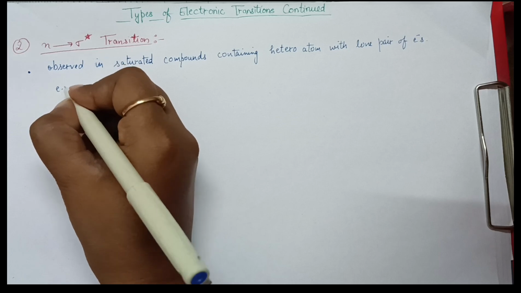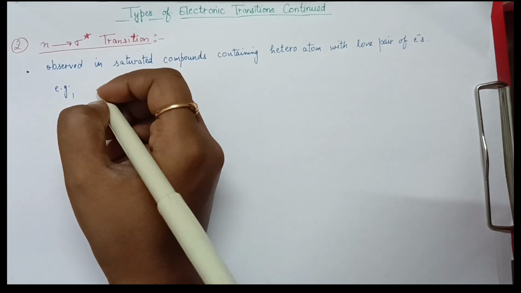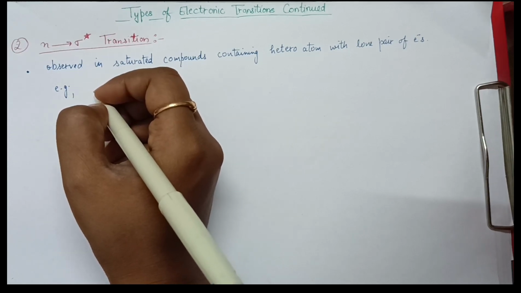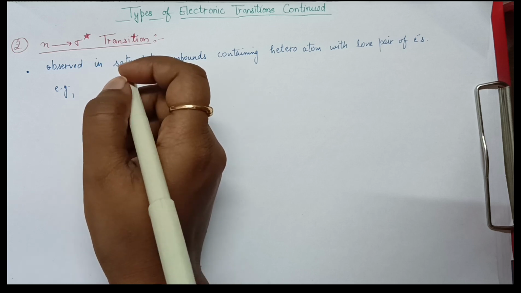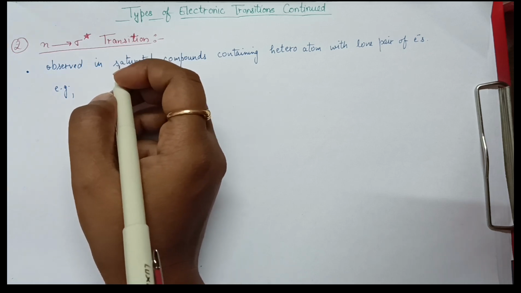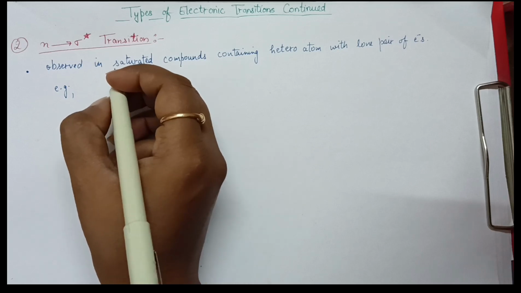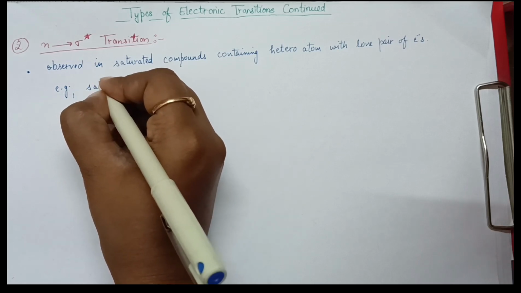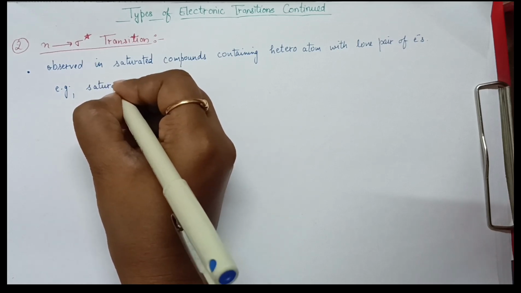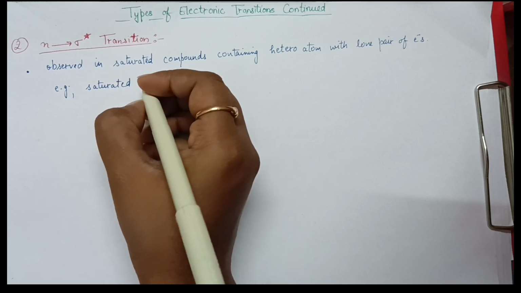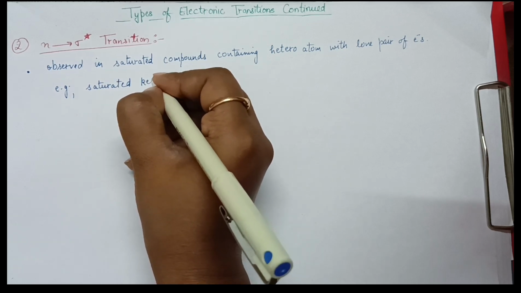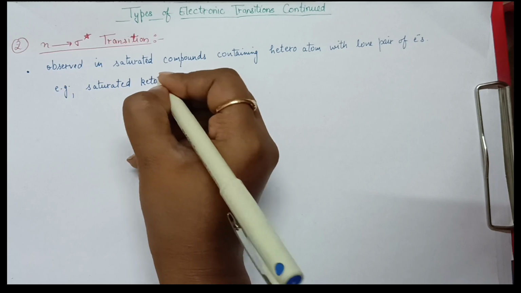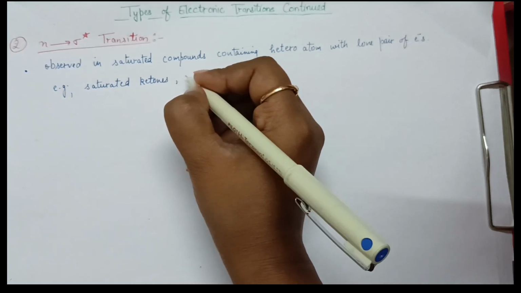For example, the saturated ketones, halides, amines, ethers, etc. These all come into the category of heteroatoms having lone pairs of electrons. So we will write that down. Saturated ketones, halides.